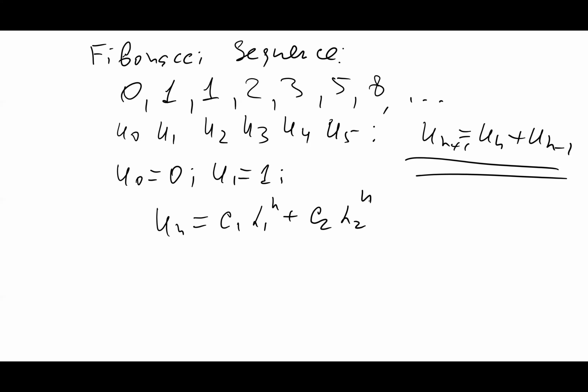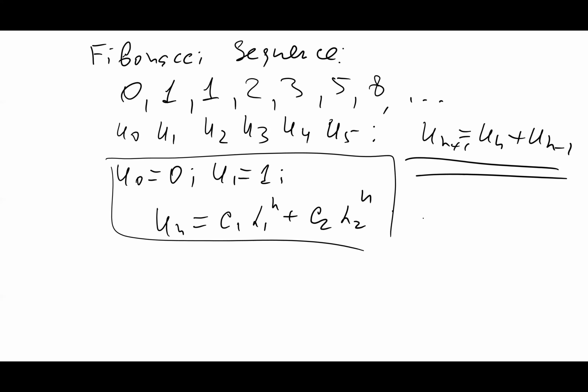Lambda 1 and lambda 2 were already found. Can you find c1 and c2 for this problem? I think I have it in my lecture notes, but it would be good if you practice this.